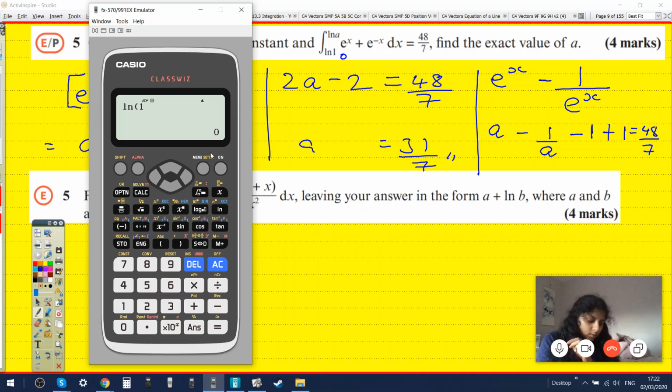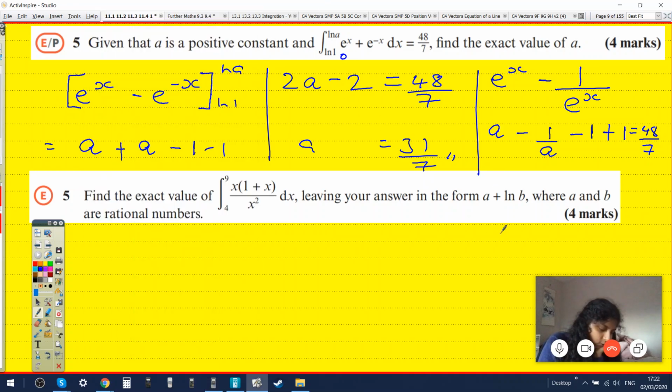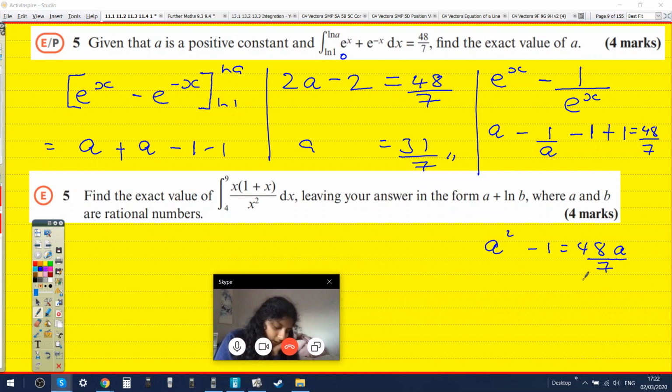So you could do a squared minus 1 over a, where that is equal to 48 over 7. So 7a squared minus 7 is equal to 48a. And then it's just a quadratic.